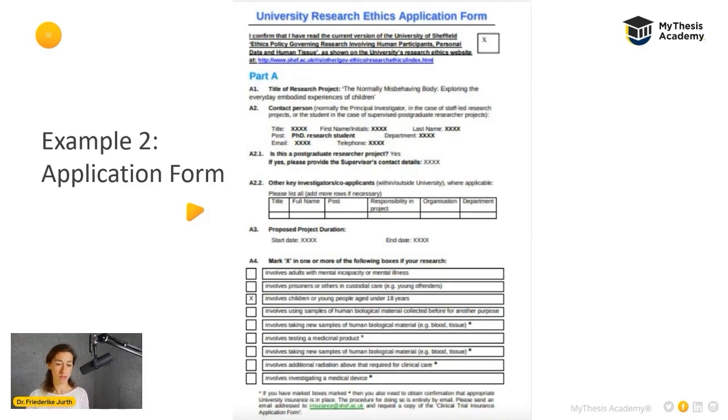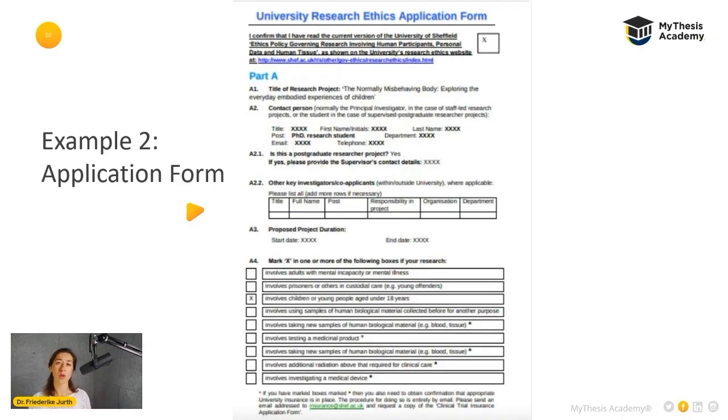And then you see that this kind of form is a little bit different. So here you also have options to choose, starting with the project duration, and then you can choose whatever fits for you and your project.